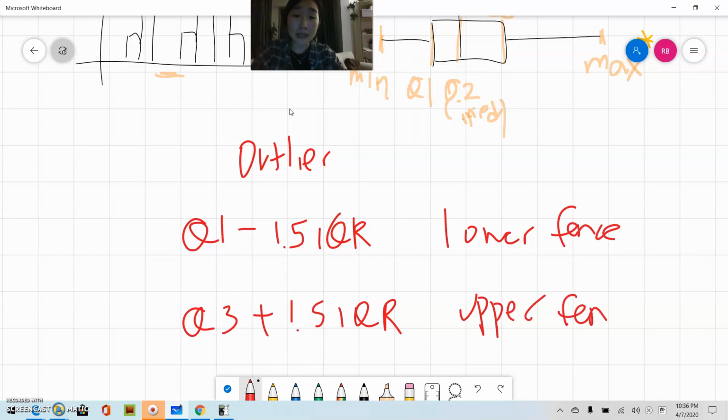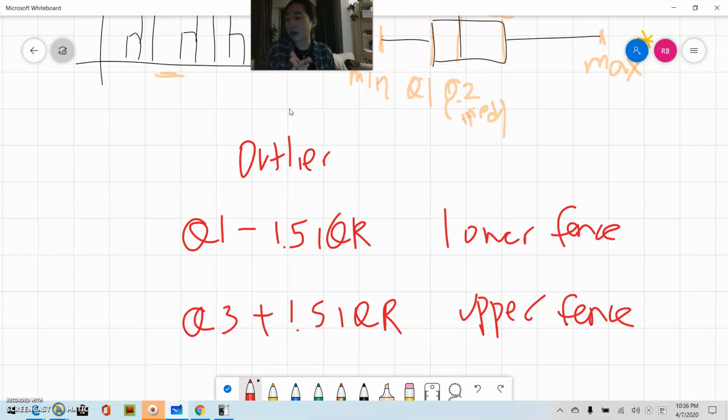So any data point that goes over those values is considered outlier. So it can be a very small value, or it can be a very big value, okay? And it really all depends on how spread out your data is, because IQR will be determined by that as well. It will be affected by that.